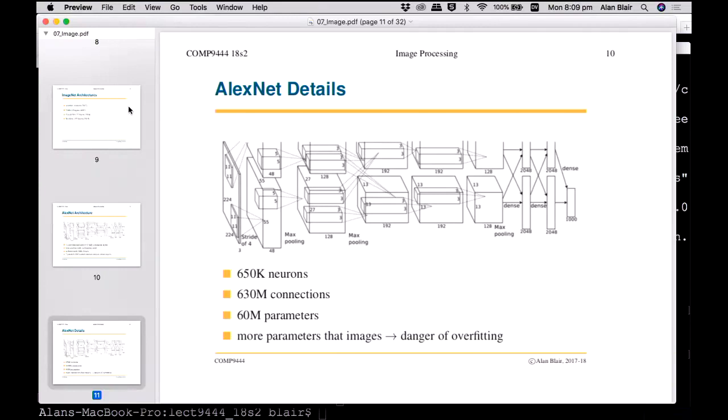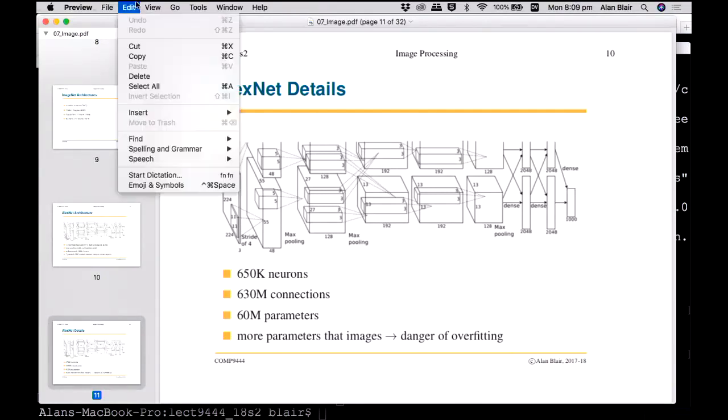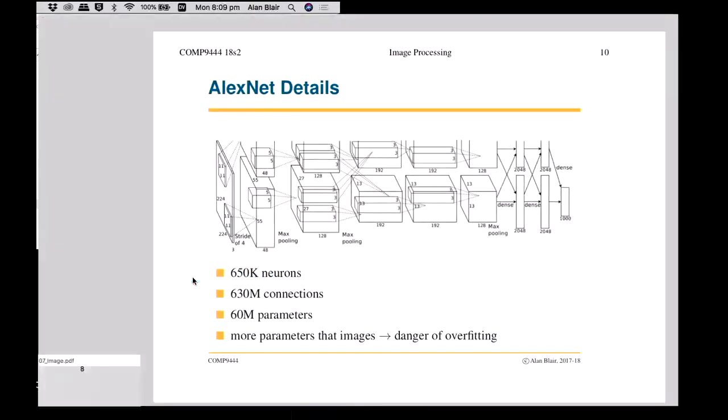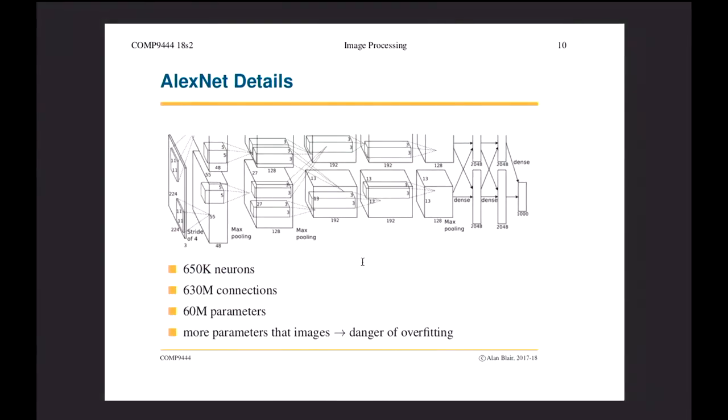Now, for those of you who took the machine learning course or are familiar with machine learning, this looks kind of strange, or you can tell that there's a danger of overfitting here, right? Because you've got more free parameters than you have data. How much data do you have?